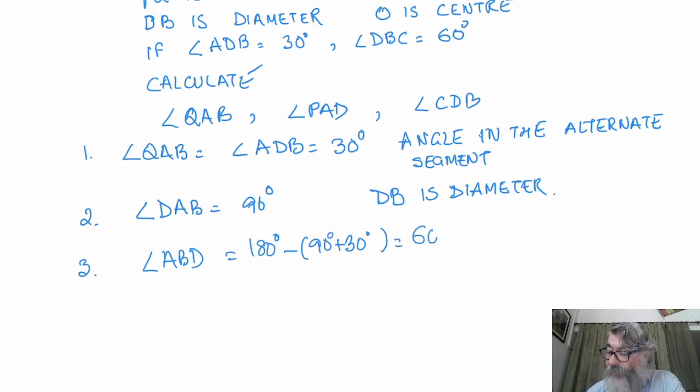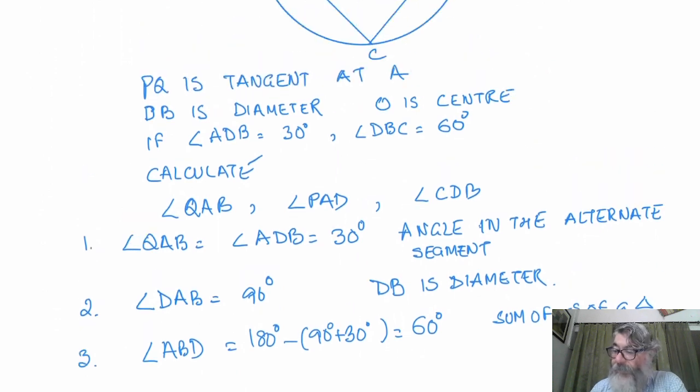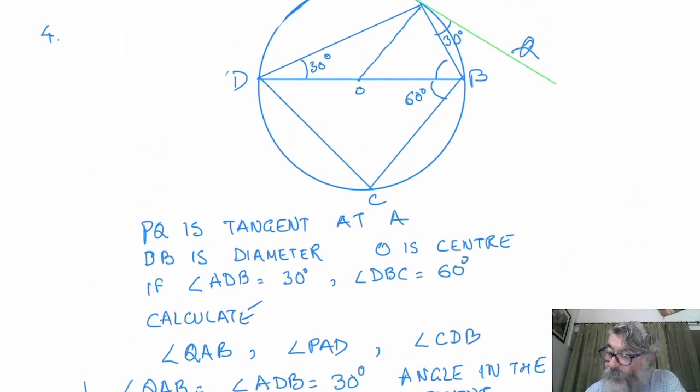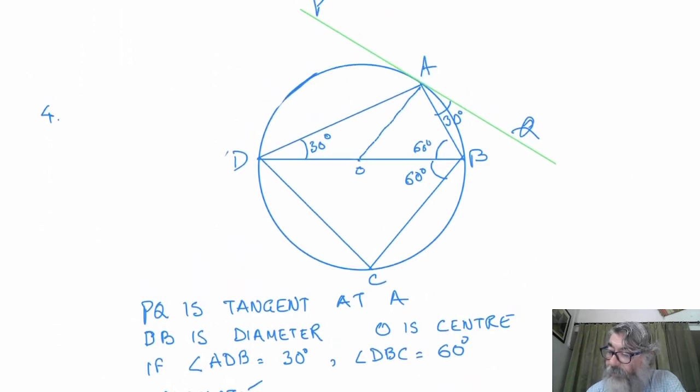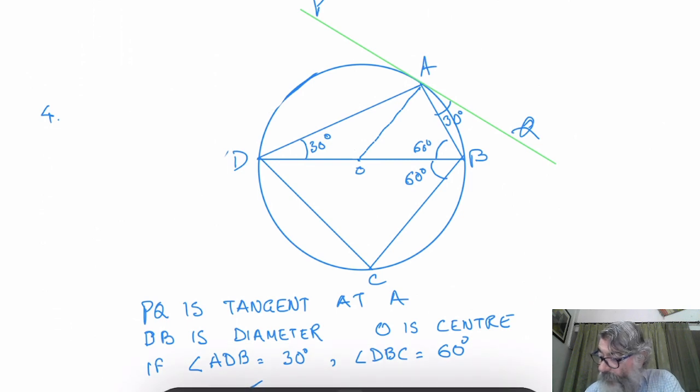Sum of interior angles of a triangle is 180 degrees. So this angle will also come out to be 60 degree. Let me make it with a different color.